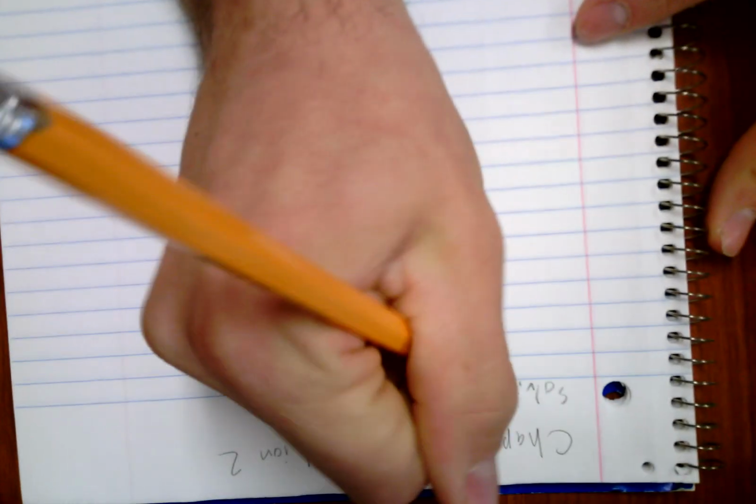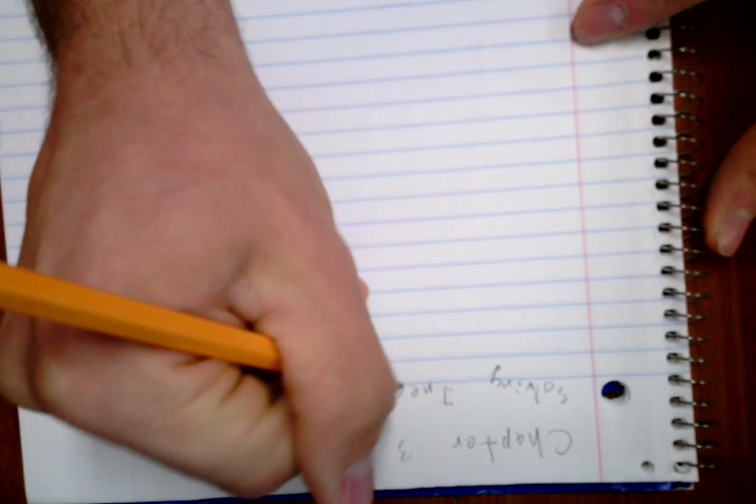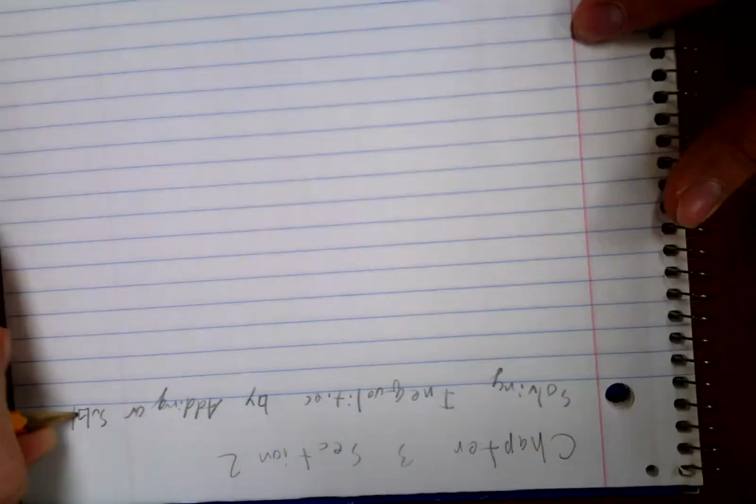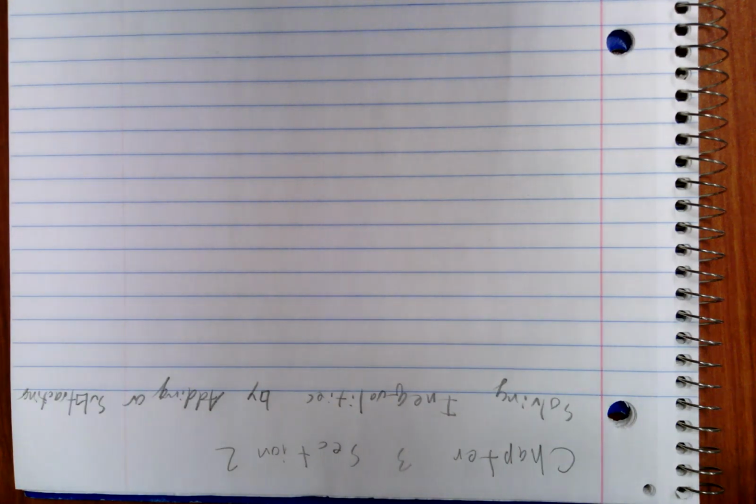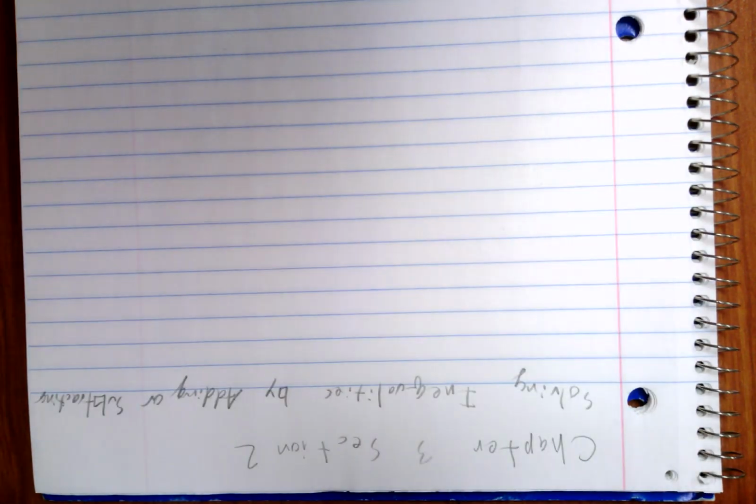Today we're going to talk about Chapter 3, Section 2, which is all about solving inequalities by adding or subtracting. I'm going to teach it exactly how I would if I were standing at the front of the classroom using the board, so you should take notes exactly as I give them.